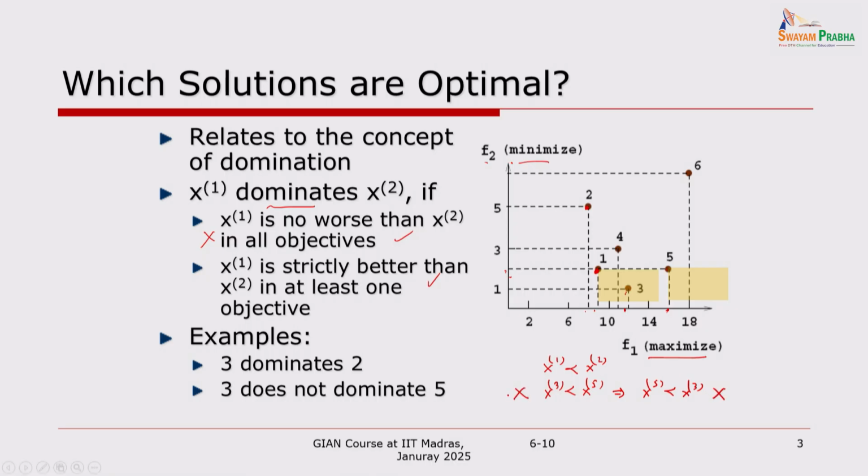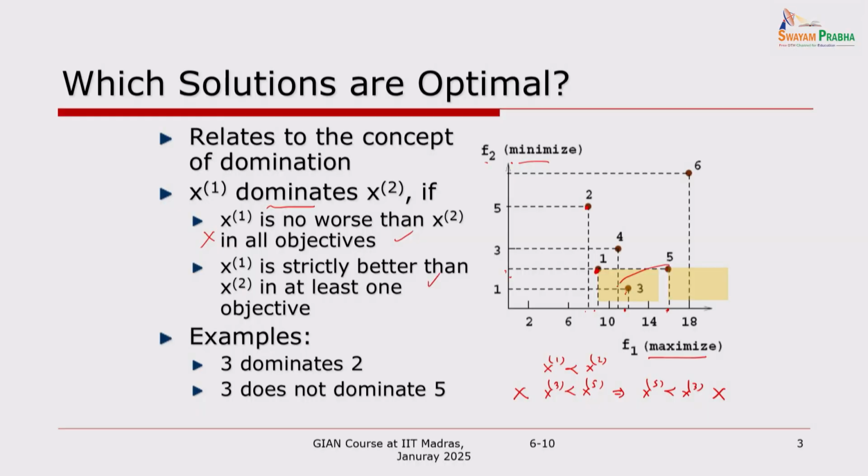In multi-objective optimization this can happen: A is not better than B, and B is also not better than A. So they are equivalent, and they are called non-inferior to each other. They are not inferior to each other, and they belong to the same class.